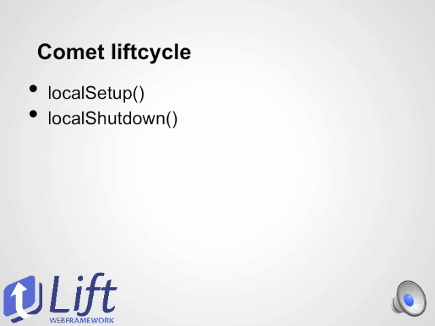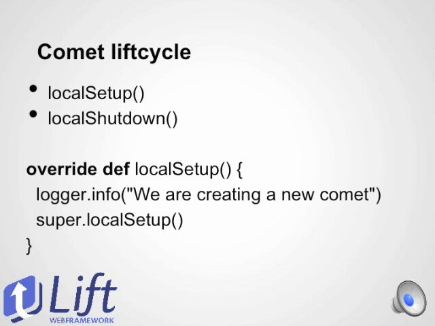Then, talking about shutdown, Lift gives you these two methods that you can call: localSetup and localShutdown. What they do is, as you would imagine, localSetup is called when Lift sets up the comet actor for the first time. So if there's anything that you want to do on comet creation, you go ahead and override localSetup.